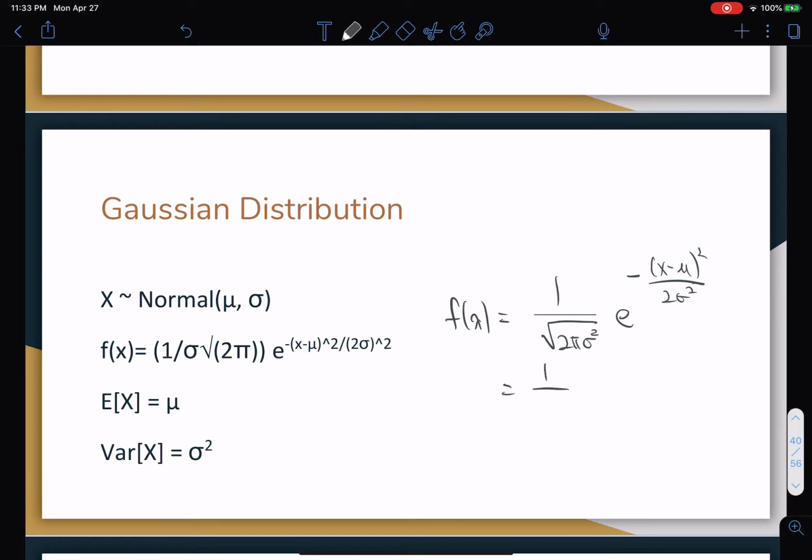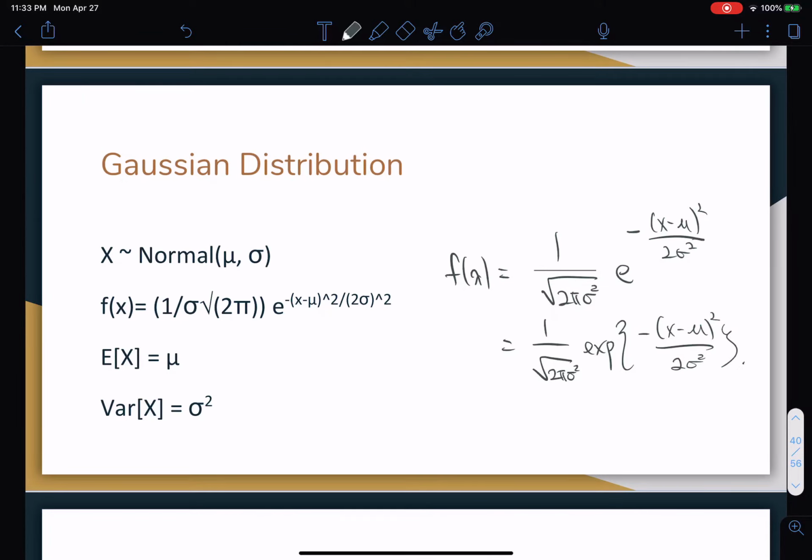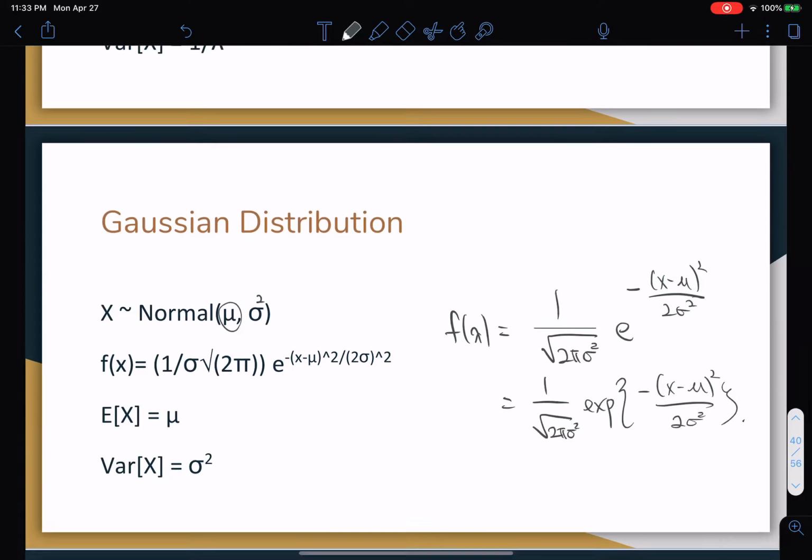Or for those of you who like to make things look good, this is the form you've probably seen it in. So that's f of x for Gaussian, and Gaussian takes in two inputs, mu and sigma. Actually, it usually takes in sigma squared. The expectation is mu, the variance is sigma squared, and they're just given to you.